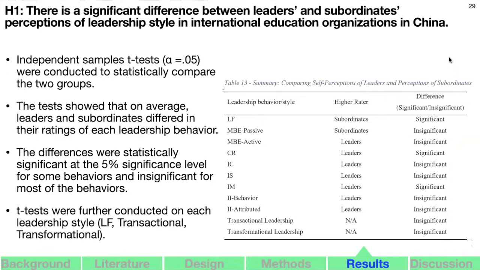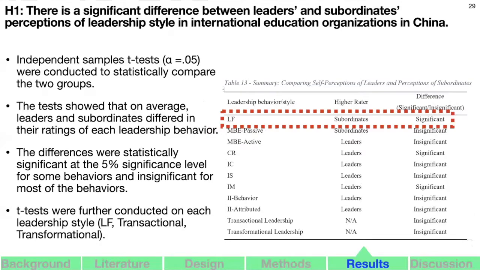And interestingly, subordinates rated their leaders higher for laissez-faire leadership, and the difference between subordinates and leaders was highly significant.